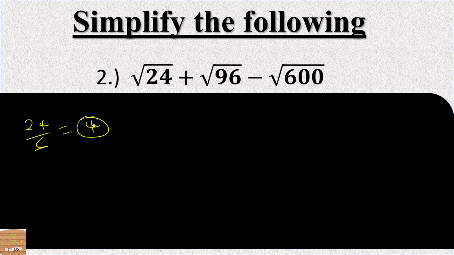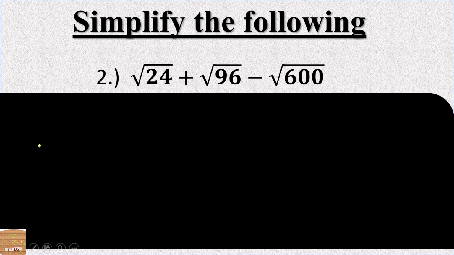Once 6 is okay with this 24, it will affect the same 6 for 96, likewise the 600. 96 divided by 6 will also give us 16, and 16 is a perfect square. Then 600 divided by 6 will be 100, so 100 is a perfect square. That's why I said it's not always that we use prime numbers.